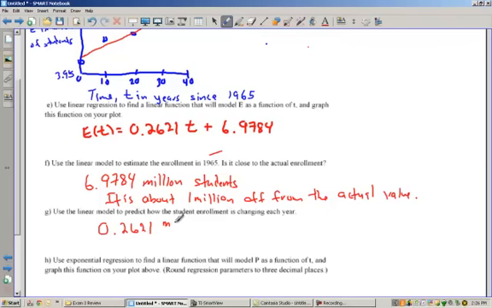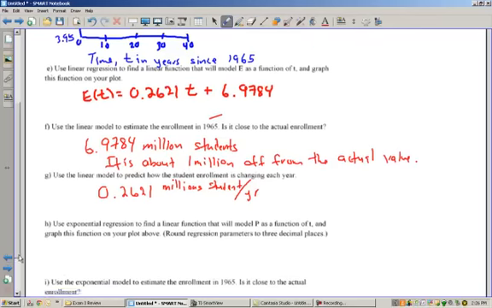So the output is the millions of students, and then it's divided by the input, which is years. This is how it tells you how everything's changing. 0.2621 million students per year. I guess we don't need years, just per year.